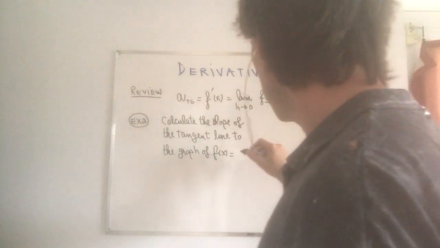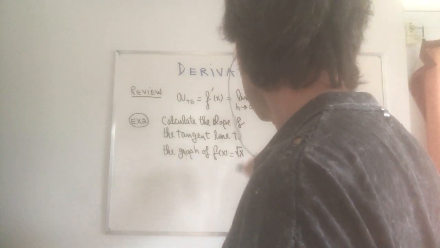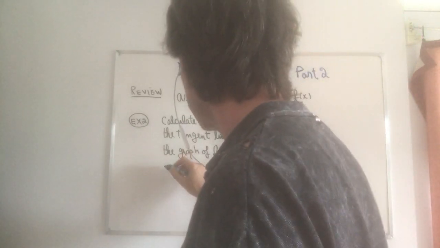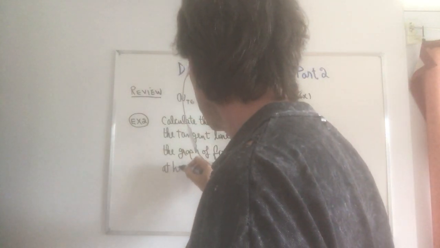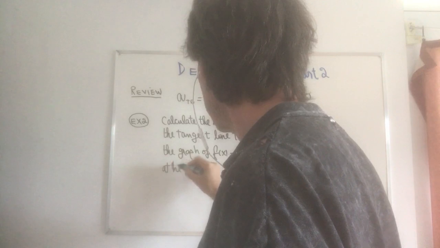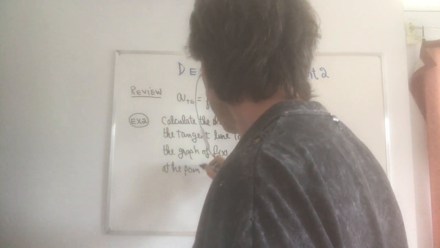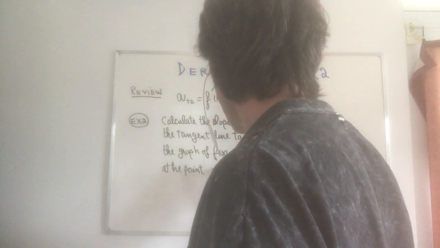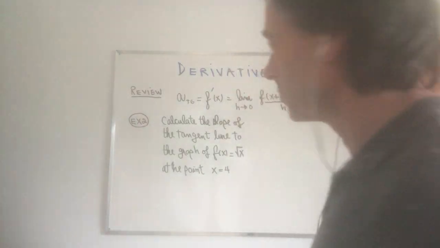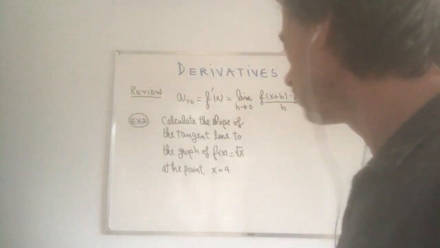Let's pick something that we know how to sketch well. F of x is equal to root x at the point x equals 4. Let's take a nice number because the root of 4 is actually 2.